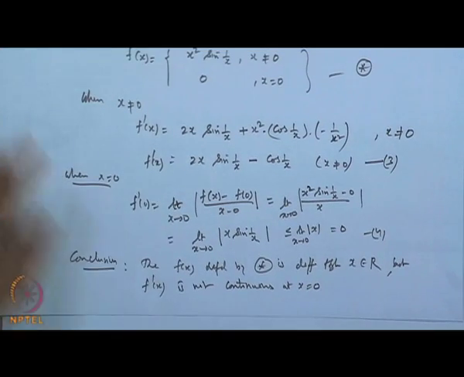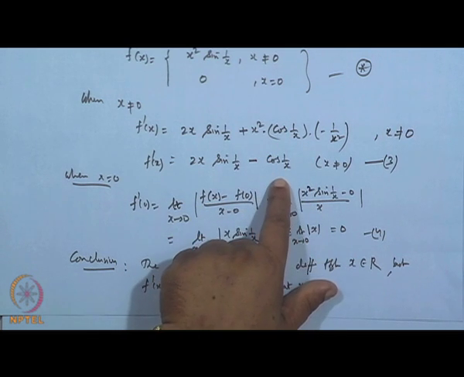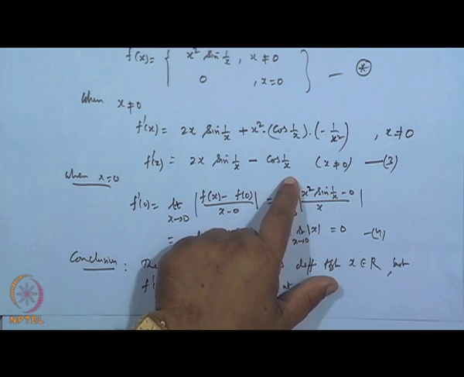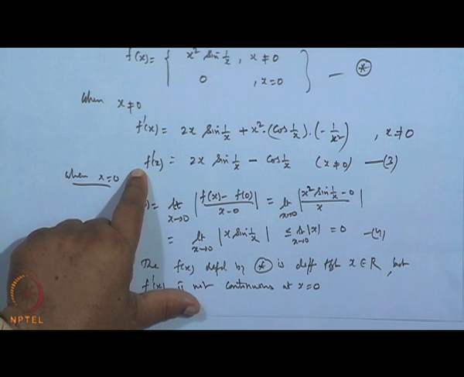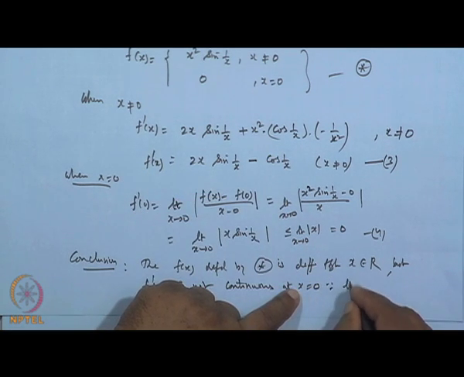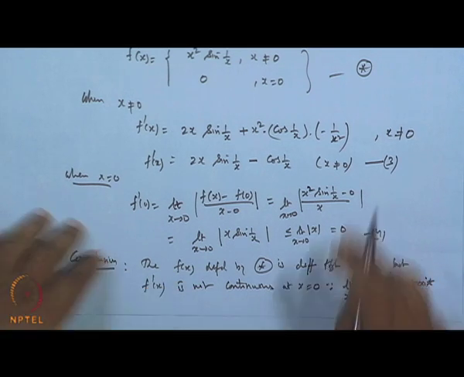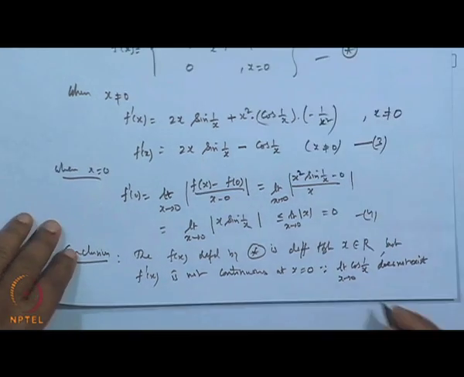Why? Because the derivative involves cosine of 1 by x. So, when you take the limit as x tends to 0, the limit does not exist, because the limit of cos 1 by x as x tends to 0 does not exist, which appears in 3.